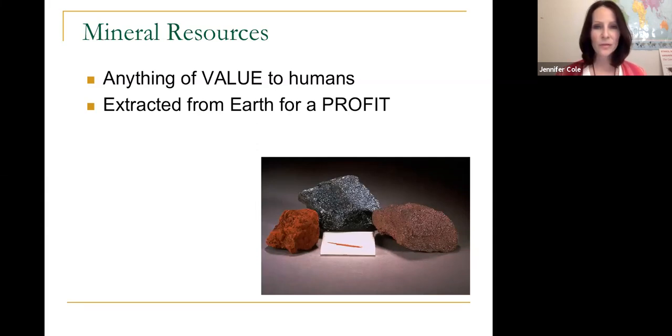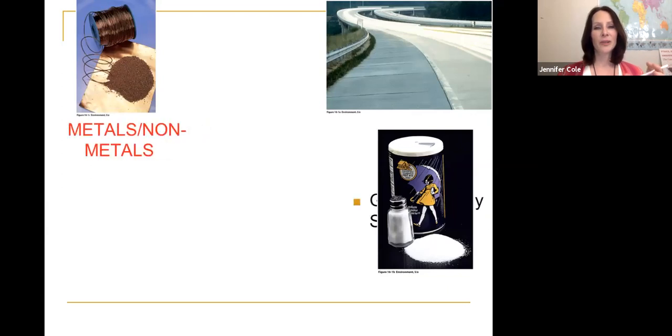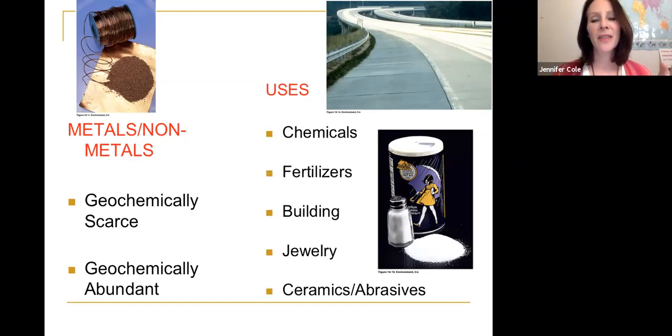And we use the rocks and minerals of Earth to make things based on their material properties, which is in part why we talked about them before. So they all have different material properties. And the way that we divide the materials in our Earth is based on these things.